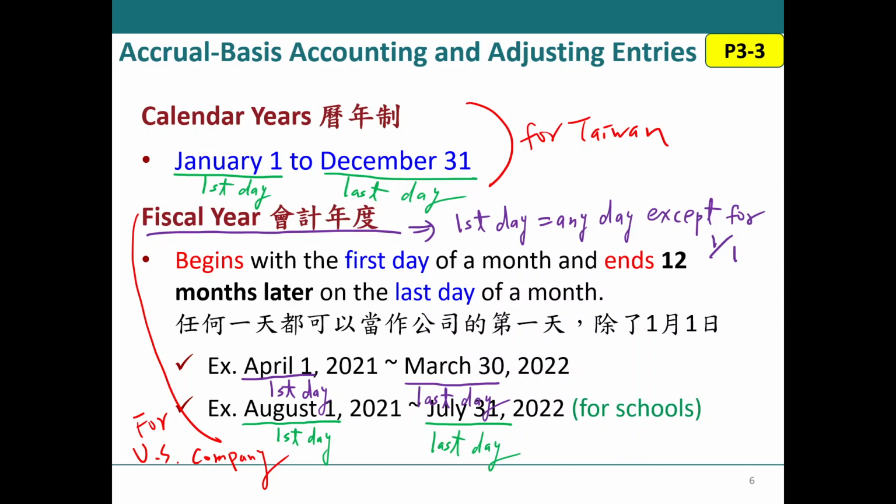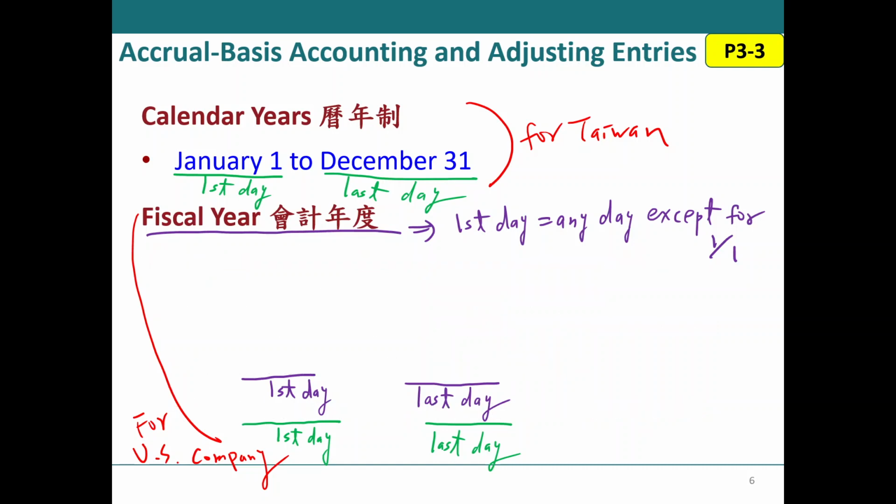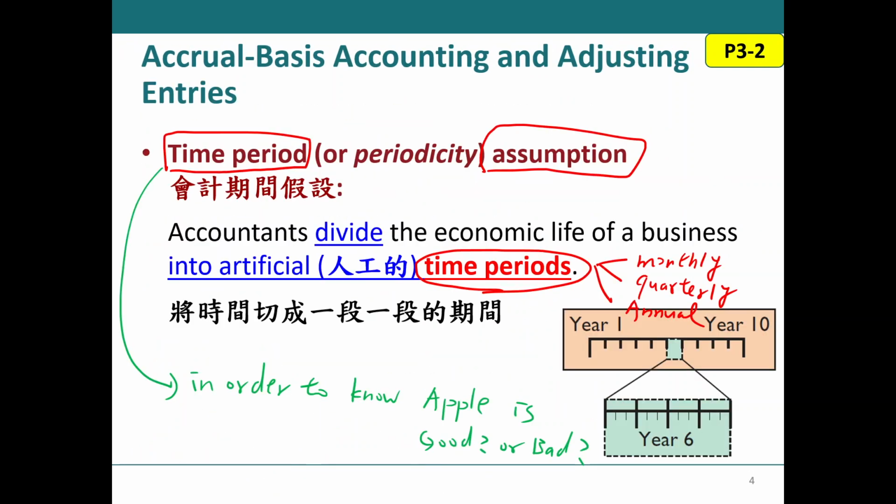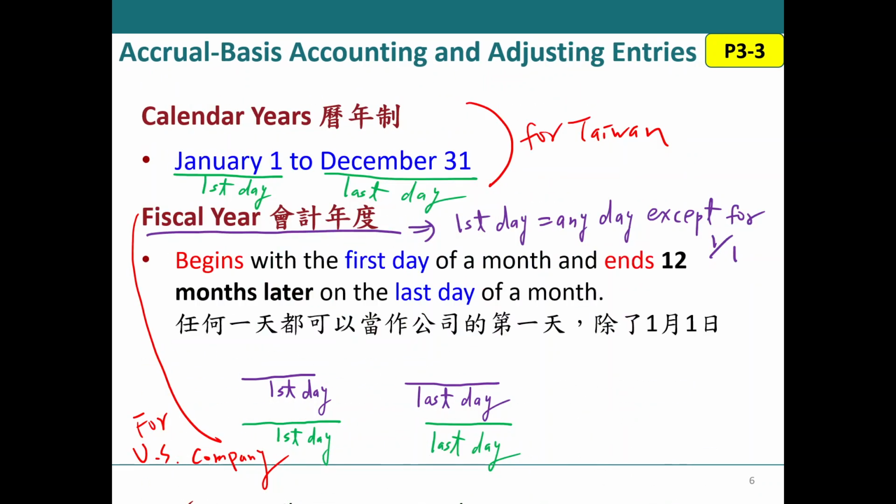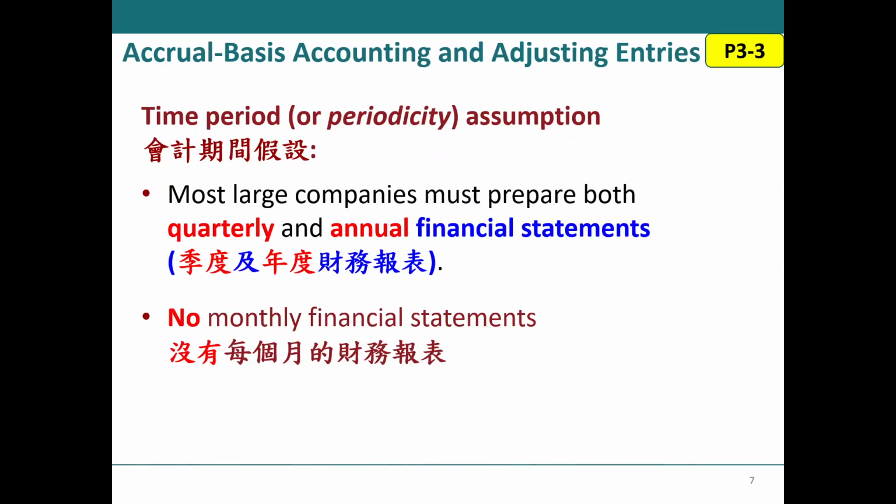So we try to prepare 4 financial statements for users. Even though with time period assumptions we have monthly, quarterly, annual, so far our accounting output has only quarterly and annual financial statements. We don't have monthly financial statements.